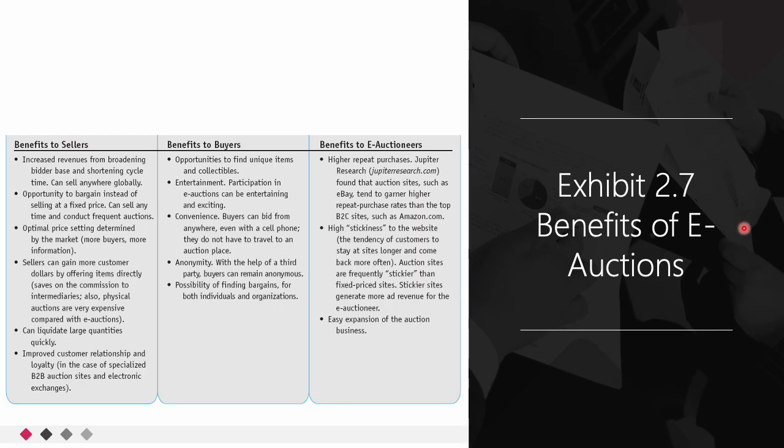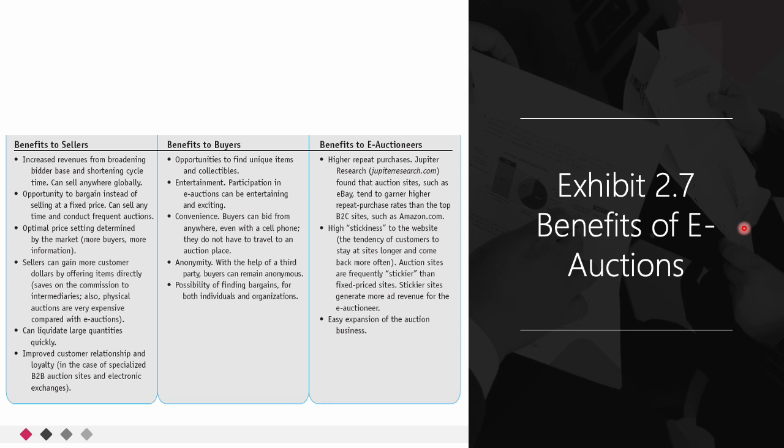Then there's the thrill and the convenience, like bidding from bed at 2 a.m. No crowded auction houses, and you can do anonymous bidding, no judgment for buying 50 unicorn figurines. And then steals and deals, like snagging a $1,000 laptop for $700 if stores snooze.